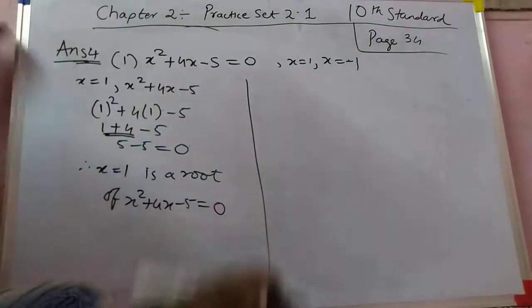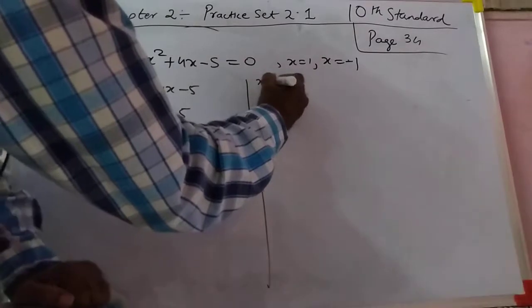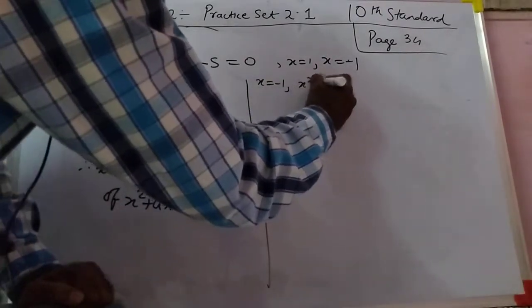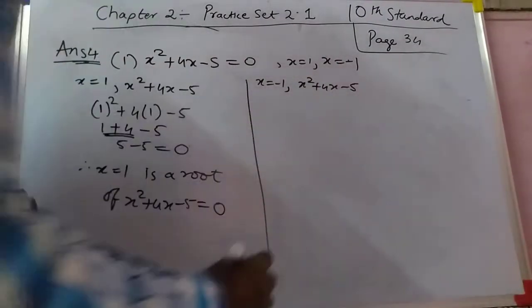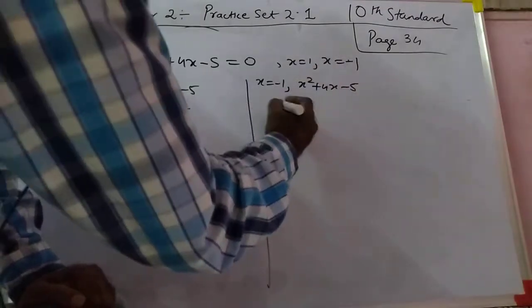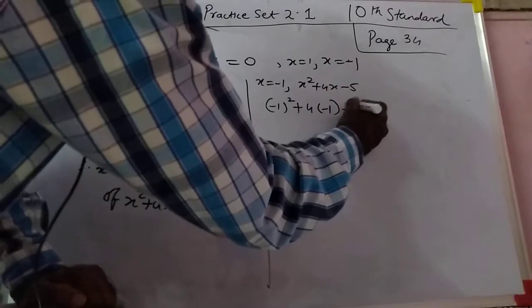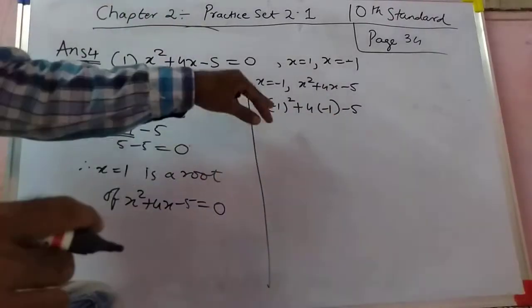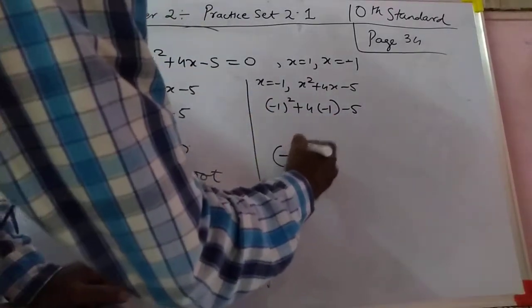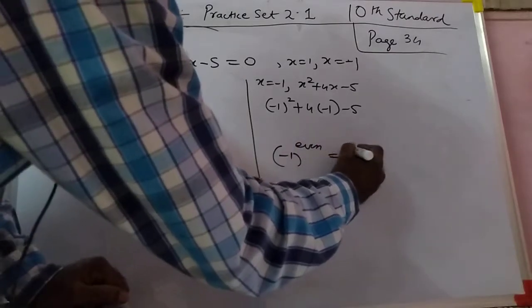Now let's see for x is equal to minus 1. x is equal to minus 1, x square plus 4x minus 5. तो minus 1 put करना है इसमें, minus 1 square plus 4 into minus 1 minus 5. So minus 1, you should know this, minus 1 even number है तो फिर 1 आएगा.